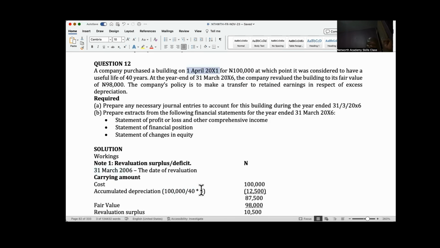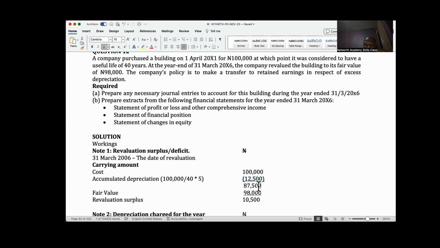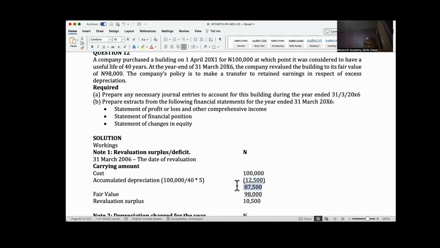That's why I multiply by 5 years, so that I can get my accumulated depreciation till this date. Doing the math gives me 12,500. If I remove that from my 100,000, that gives me a carrying amount of 87,500.